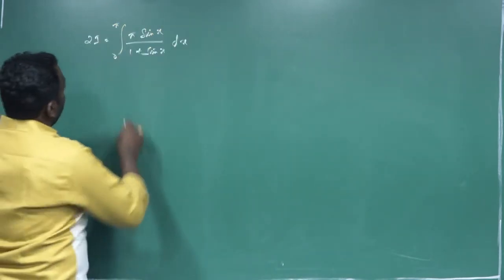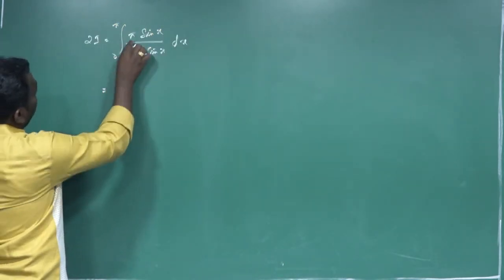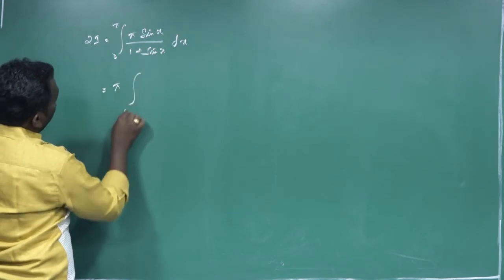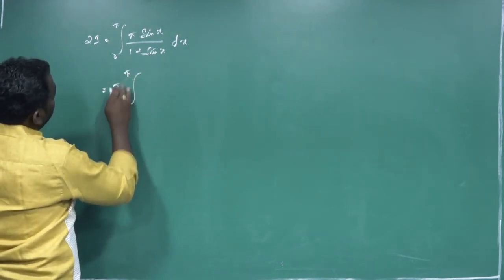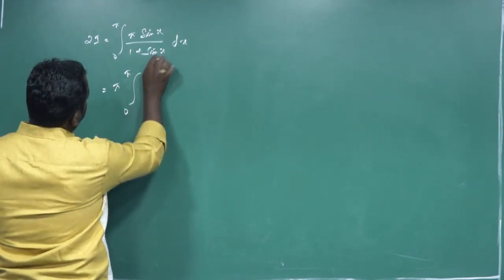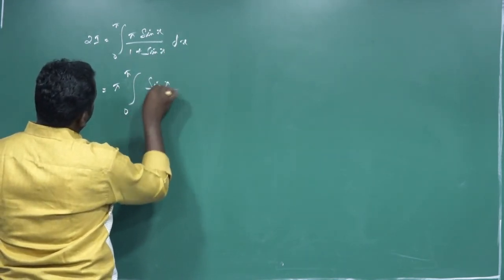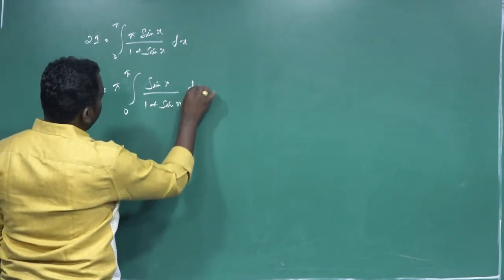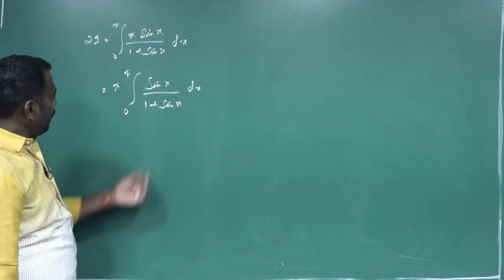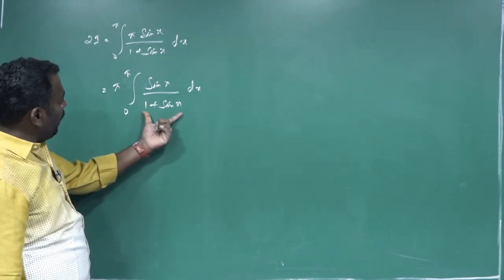Come to the next line, the last equation. Keep pi outside: pi integral 0 to pi, sin x by 1 plus sin x into dx. For the next step, we have to take the conjugate of the denominator.